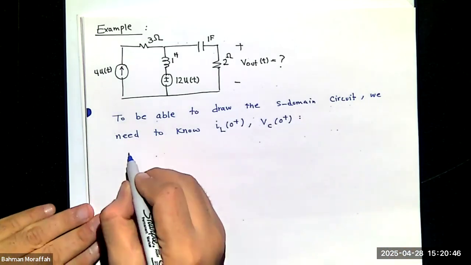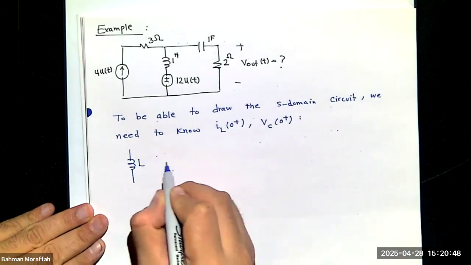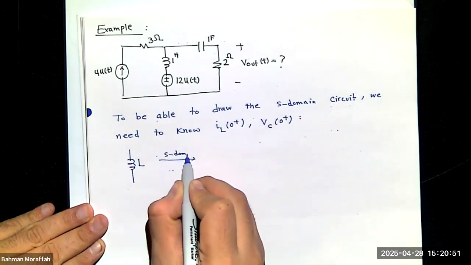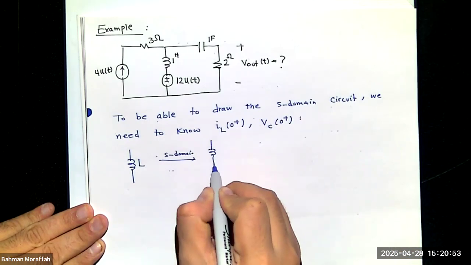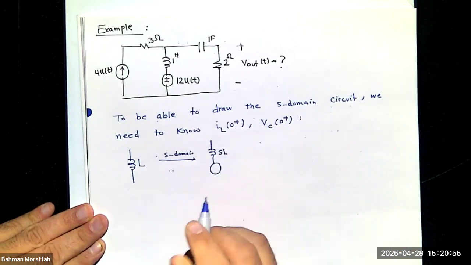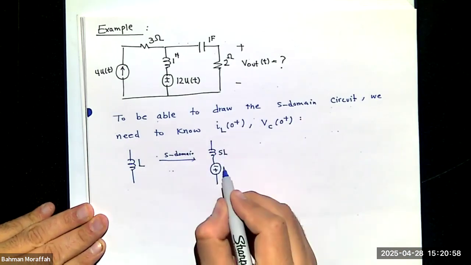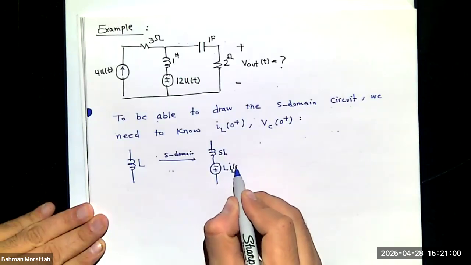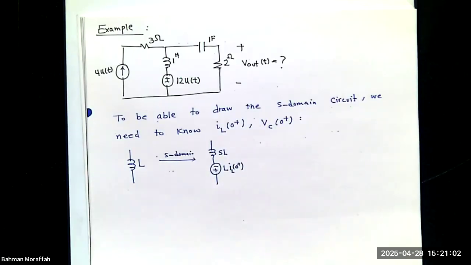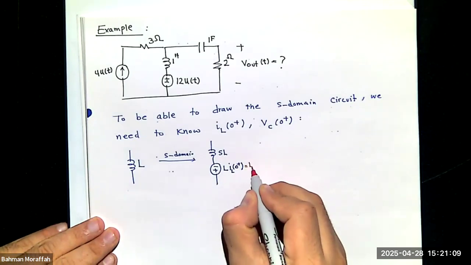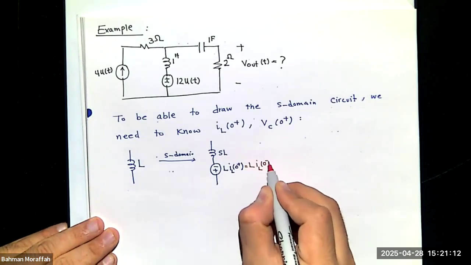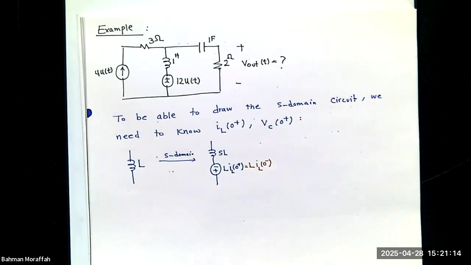Why? Remember, if I have this inductor with value L, in S domain this is SL followed by a voltage source with value L times IL at time 0 plus, which is the same as L times IL at time 0 negative. This is because of the continuity condition for the current through an inductor.